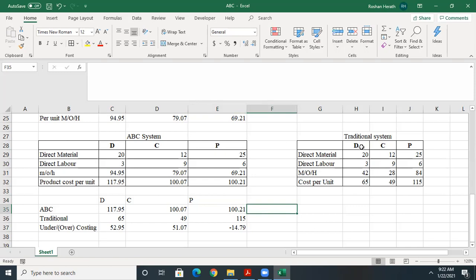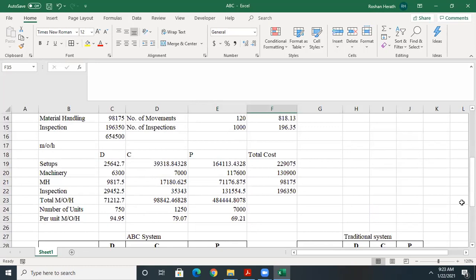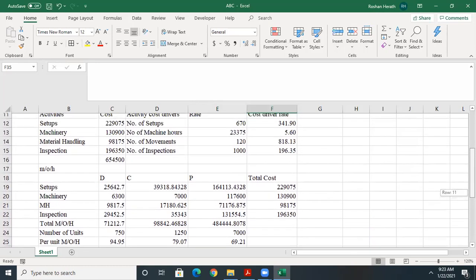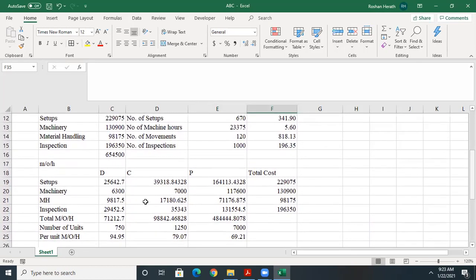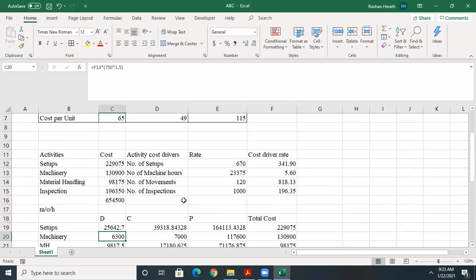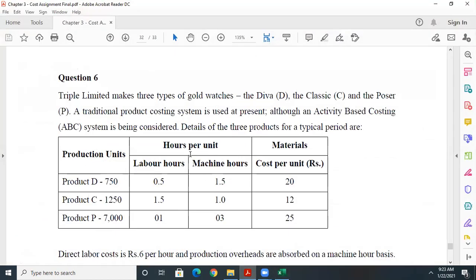So how do you get the machinery? Or what is the base of activities? Okay, good. So when it comes to this machinery, how do we get that? It was machine hours, right? So if I go above, you can see that this is the number of machine hours. I have clearly mentioned that. So how do you get that? From the beginning, you are given the machine hours per unit. The per unit requirement is given.